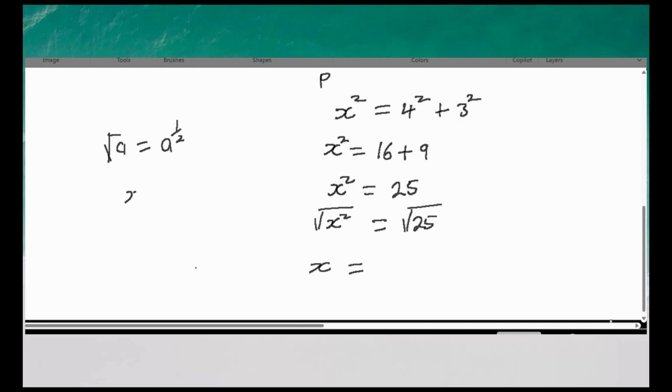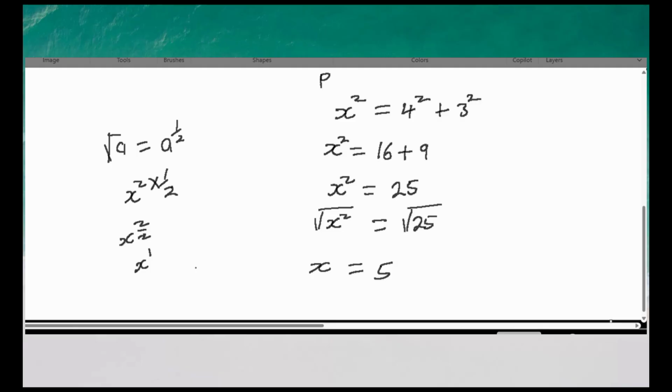We're going to have x squared times 1 over 2, and then the 2s cancel, so 2 over 2 is 1, and we have x raised to the power 1, which is x. And then the square root of 25 is going to give us 5. What number can you multiply by itself to get 25? 5 times 5. So the square root of 25 is 5.